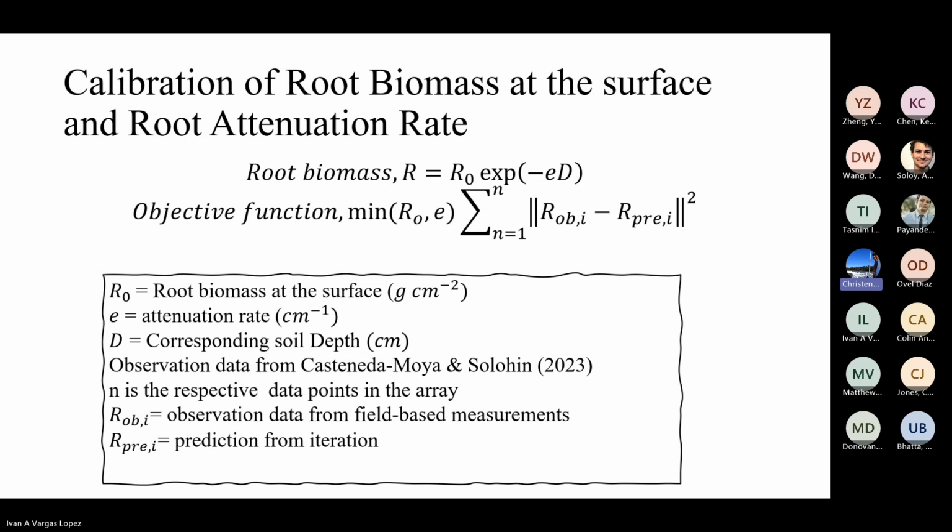And we are considering that all the root biomass is attenuating exponentially with depth. And we can define an objective function where ROB is the observed data point, and PRE is our prediction, which is basically from the iteration we are considering. And after the iteration, it will give you the best fitting root biomass at the surface and root attenuation rate.